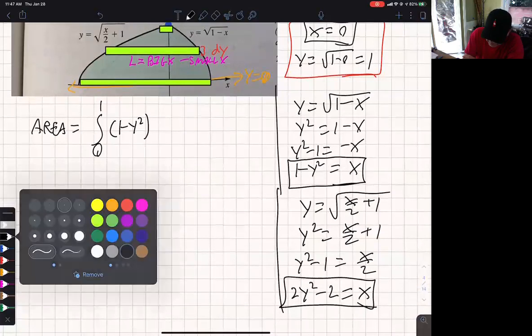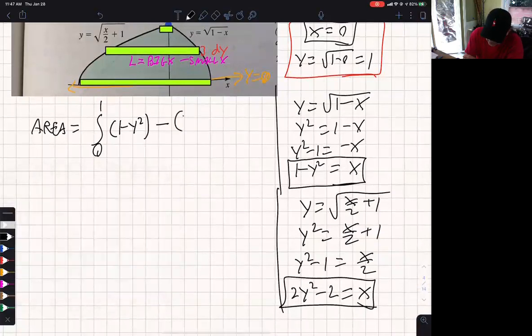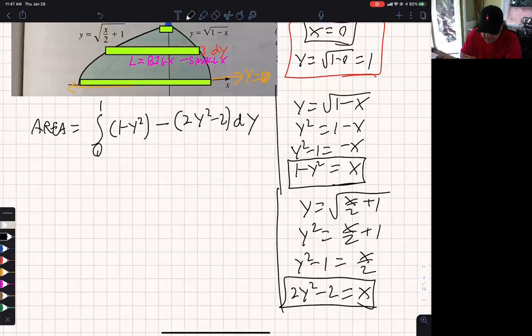So it's big X minus small x. And you need to put this in parentheses. I'm going to simplify that now. 1 minus y squared, distribute the negative.